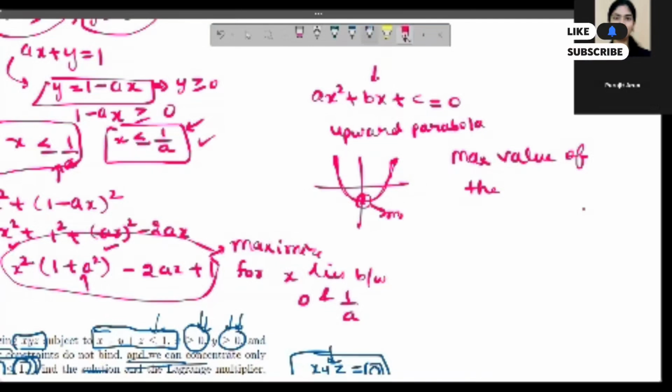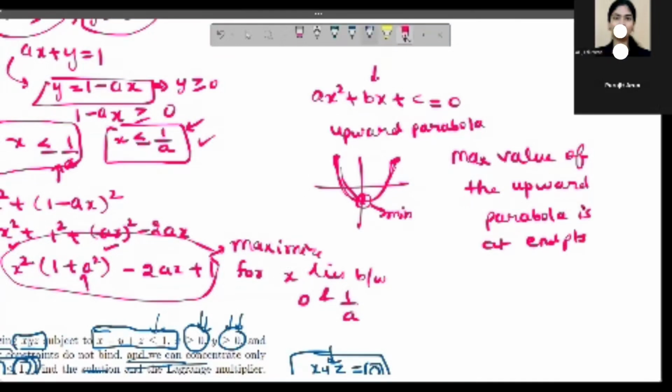It will give you a minimum at the vertex and then increase toward the endpoints. So the maximum value of an upward parabola is at the endpoints. And the endpoints have x values as 0 and 1 by a.